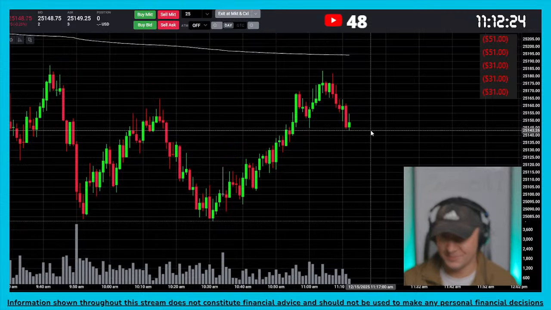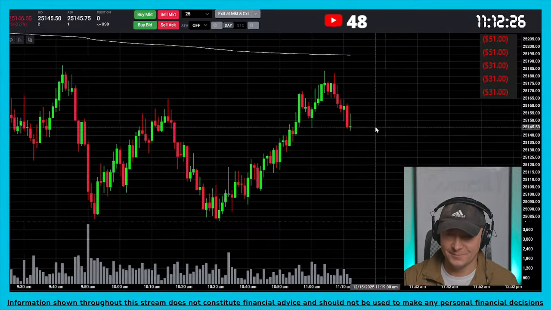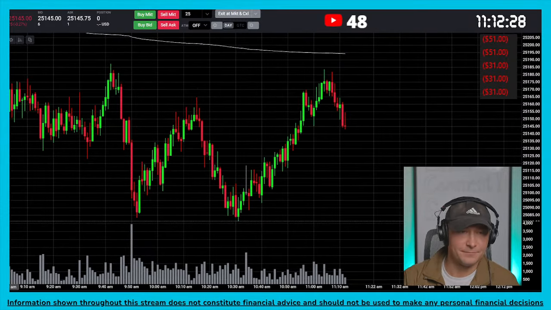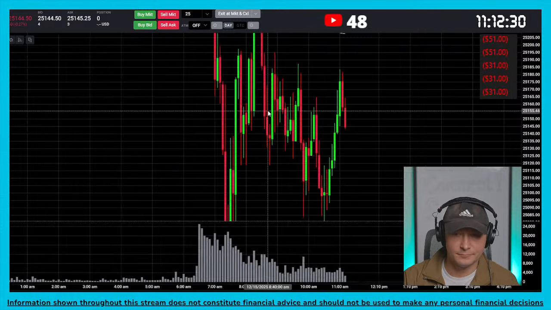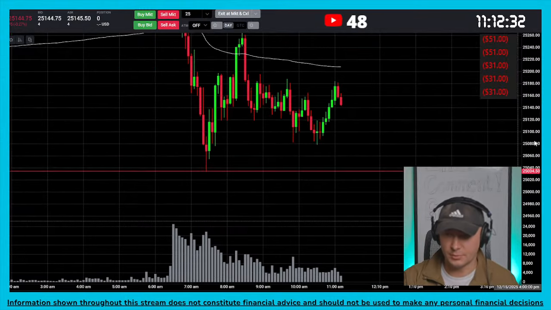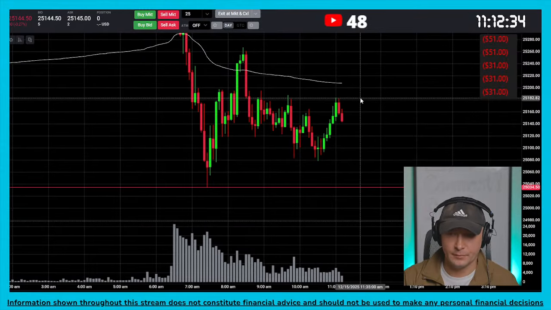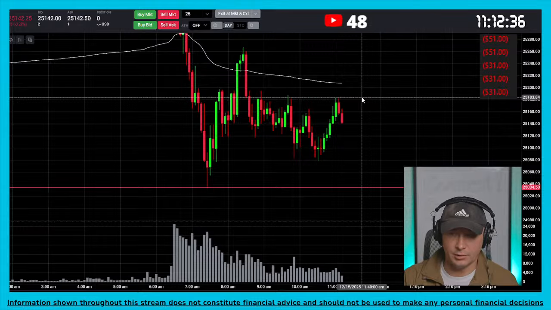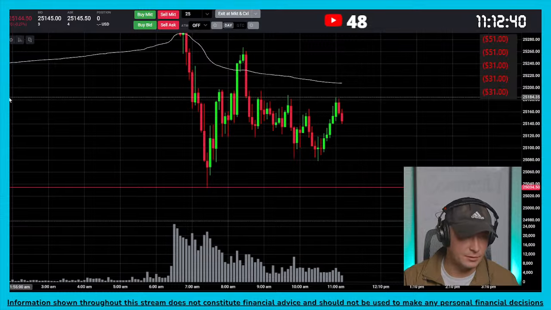Made like $50. Okay. See how far this can pull back here. 180 failed to break out. That was our zone. Then if it breaks out there, that's a bullish breakout. Failed to do it.